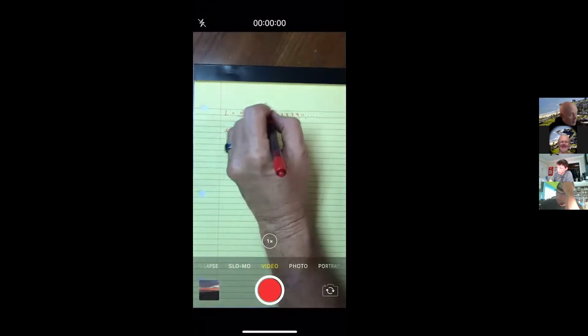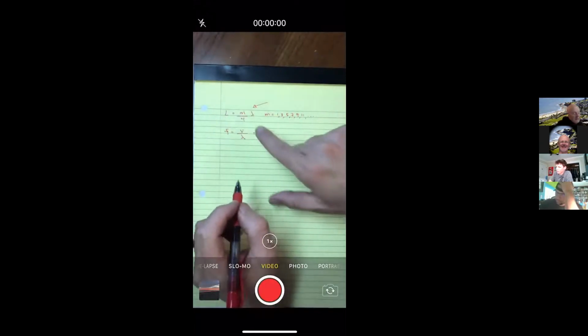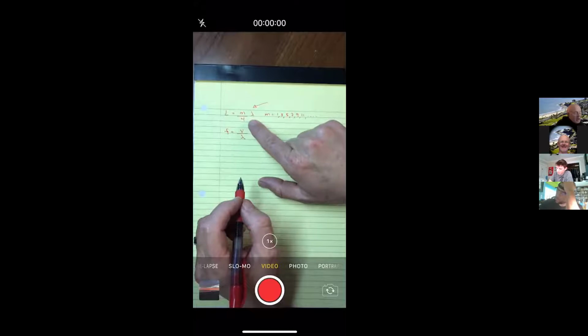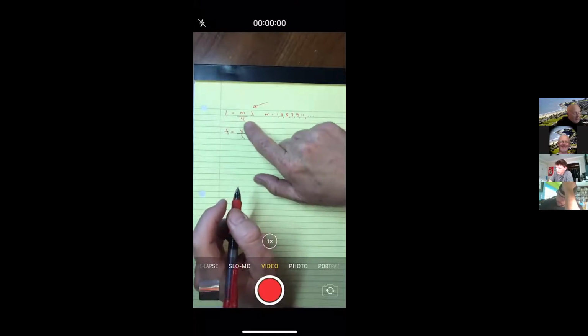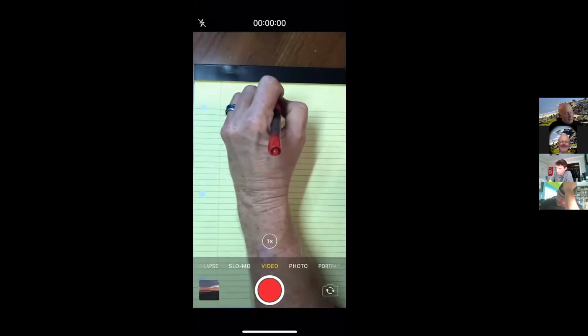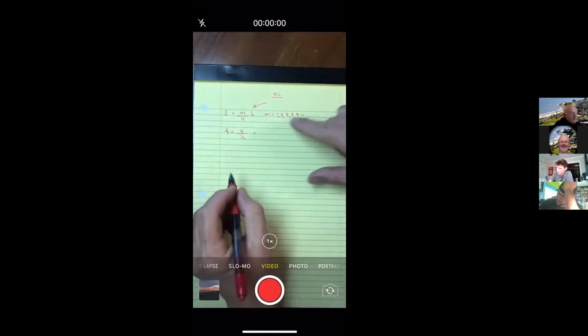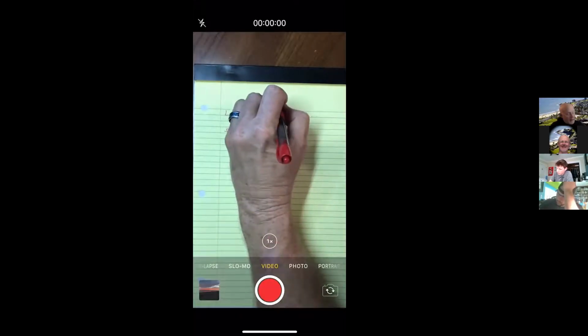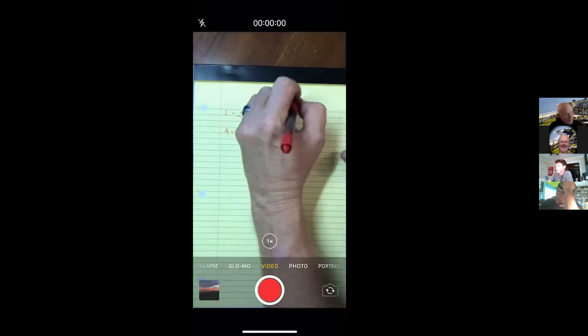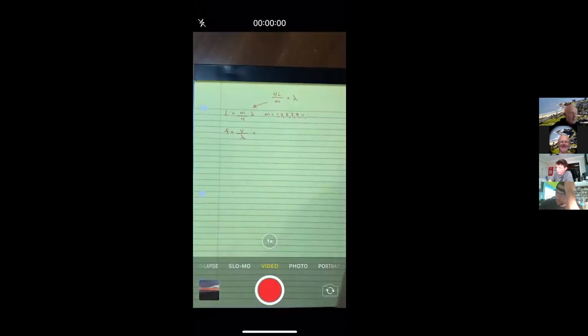So let me rewrite this equation in terms of the wavelength. I would bring the 4 to the other side, so I have 4 over L. I would then divide by m, and that would equal the wavelength.